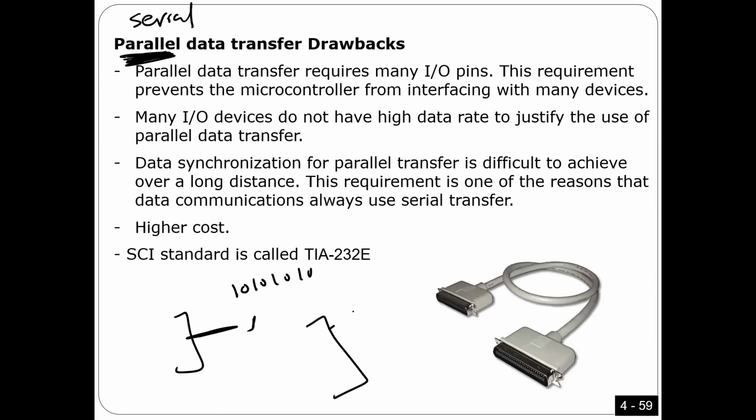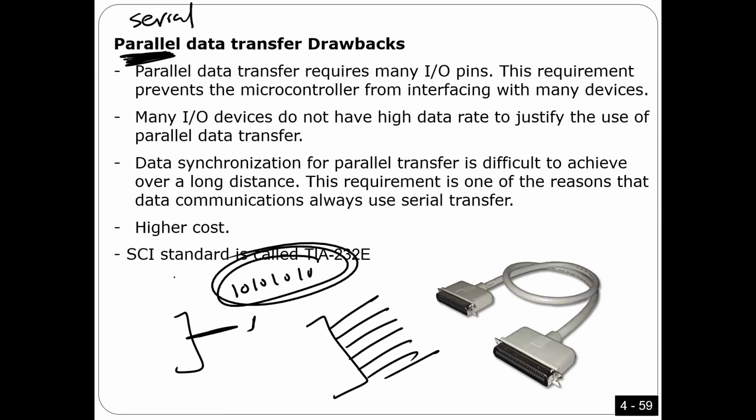Here I need 8 wires, so that I transmit the 8 bits at once. You got what I'm saying? I'm just going to send them at once. For sure, parallel is faster, because every clock I'm going to send 8 bits instead of 1, right?